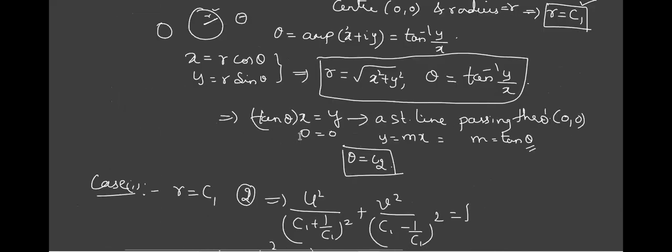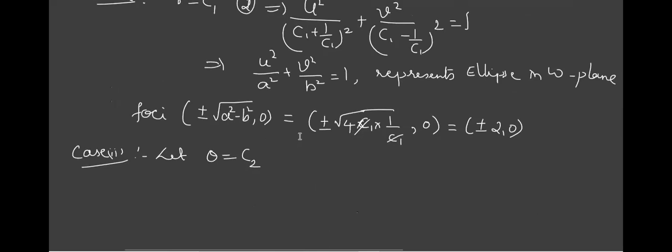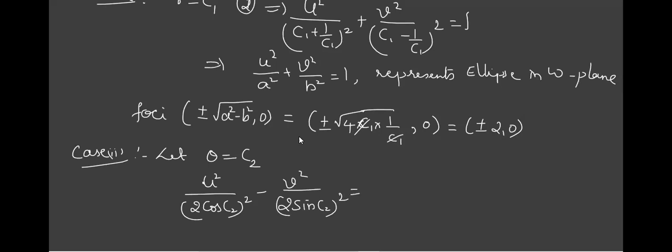What is that representing? Minus means hyperbola. So it is u square upon (2 cos C2) the whole square minus v square upon (2 sin C2) the whole square equal to 1. Same thing we can write as u square upon capital A square minus v square upon b square equal to 1. It represents a hyperbola.